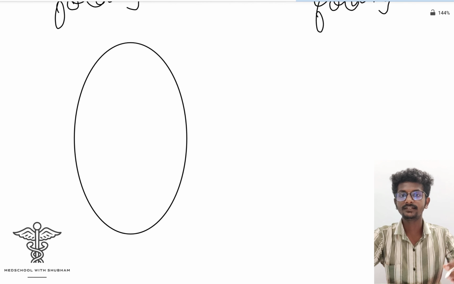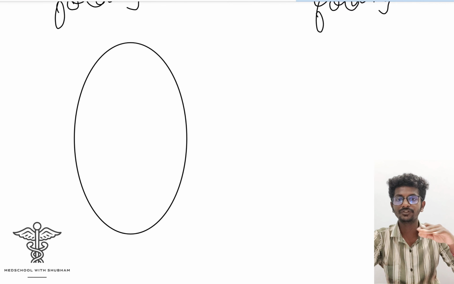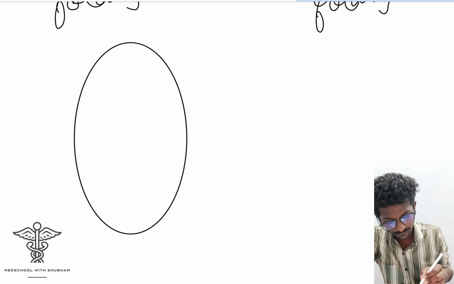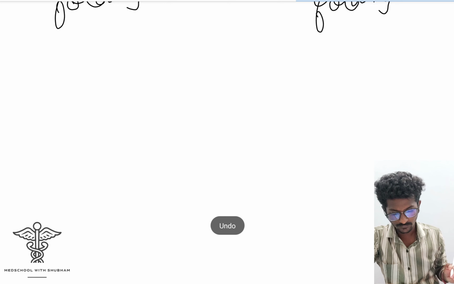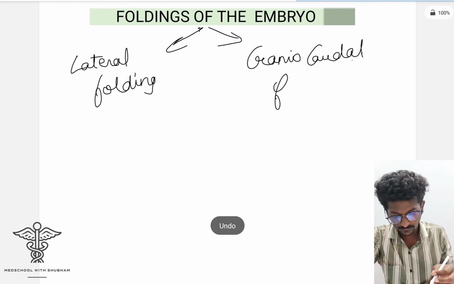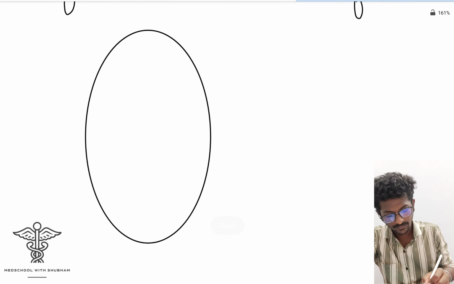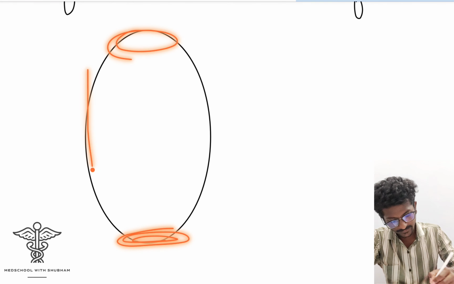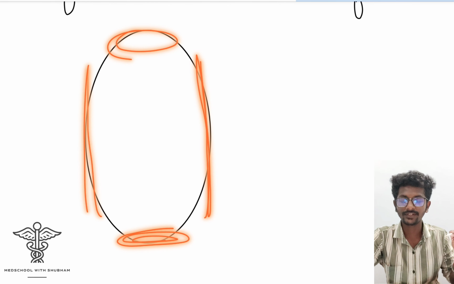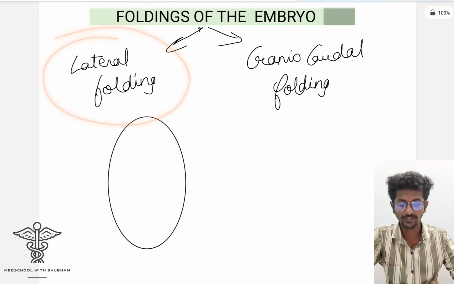So assume that this is an embryonic disc in which you have the ectoderm, mesoderm and the endoderm. Now what will happen? So this is the cranial end and this is the caudal end, and these are the lateral sides of the embryonic disc. As the name suggests, we are looking at the lateral folding.